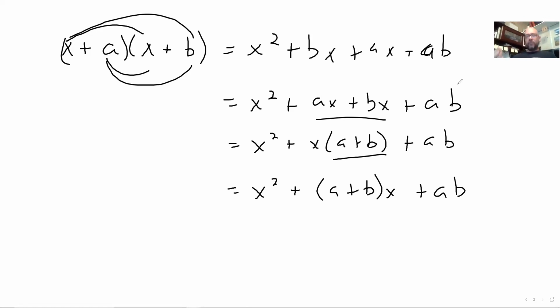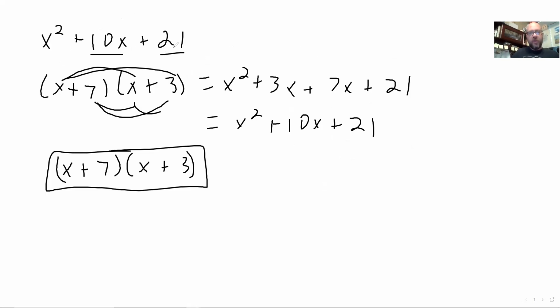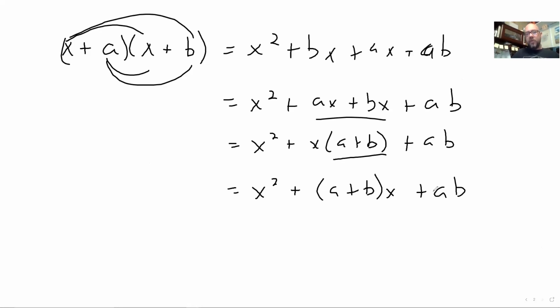Now, the reason I wanted to show you this is the following. Remember on the last board, I said I'm going to look for two numbers that multiply to be this and add up to be that. Here's why. The two numbers I'm looking for are a and b, right? a is 7, b is 3. So in here, a and b multiply to be the constant term, and they add up to be the coefficient of x.